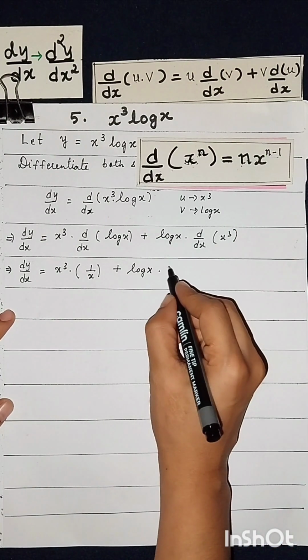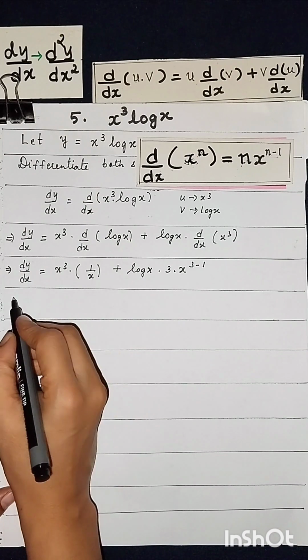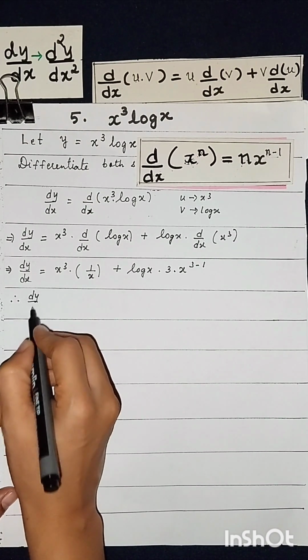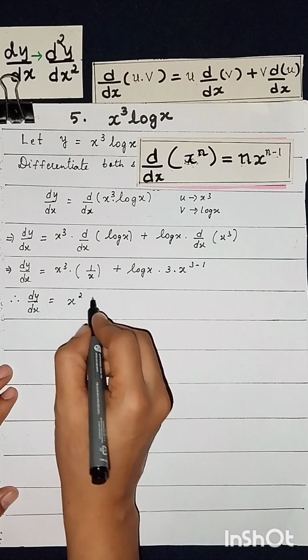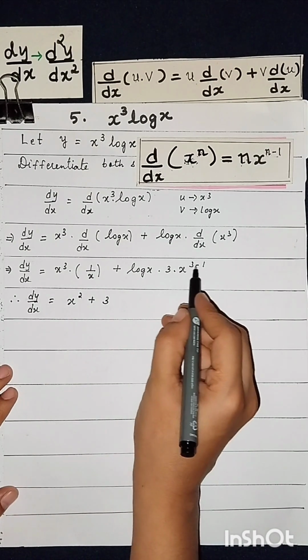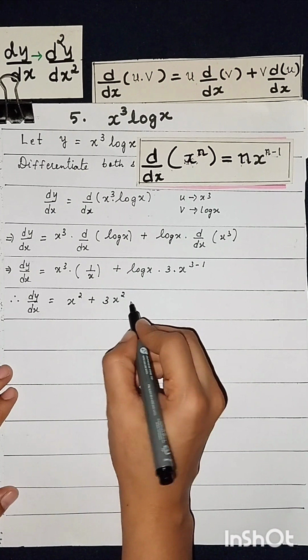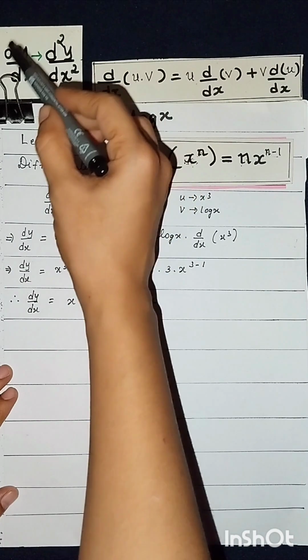So here n is 3 into x to the power 3 minus 1. So therefore dy by dx is equal to x cube by x will be x square plus, we will write 3 here, then 3 minus 1 is 2, so we will get x square log x. So this is the dy by dx.